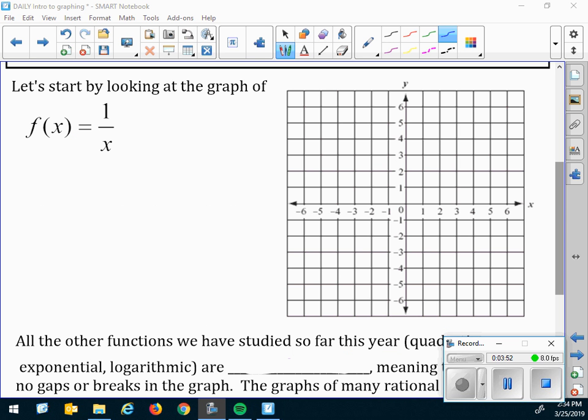So let's talk about a graph. Now you have this graph, or at least you have this, right? Now, we're going to make a table. Now, here's what we're going to do.